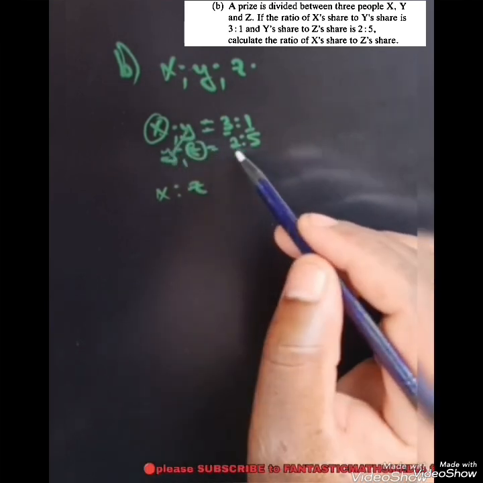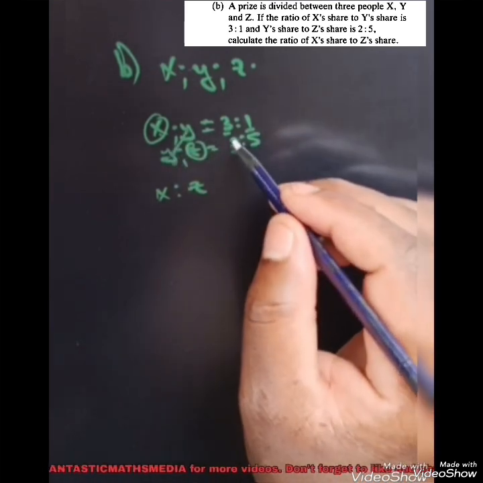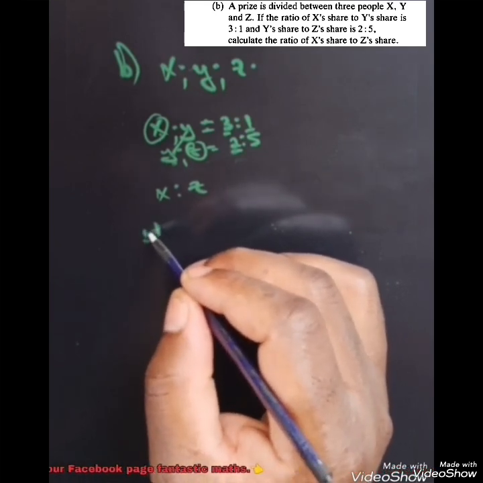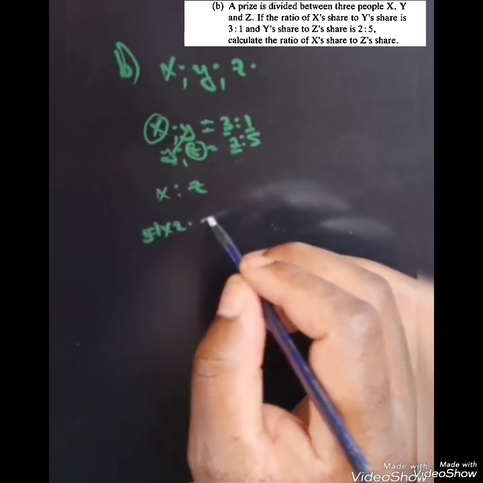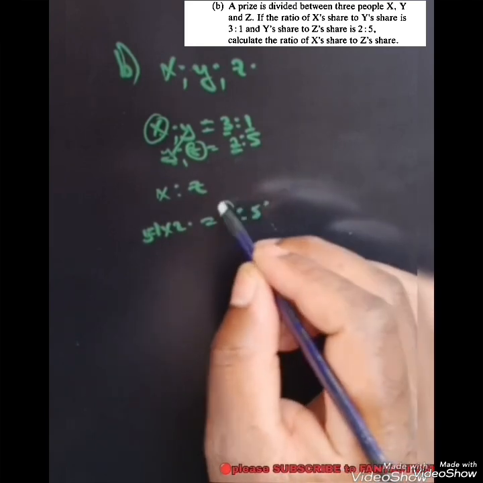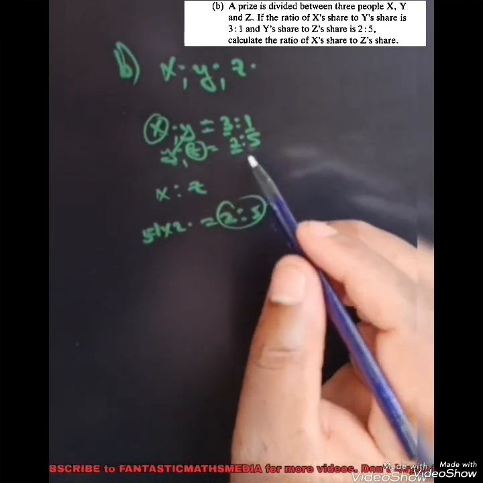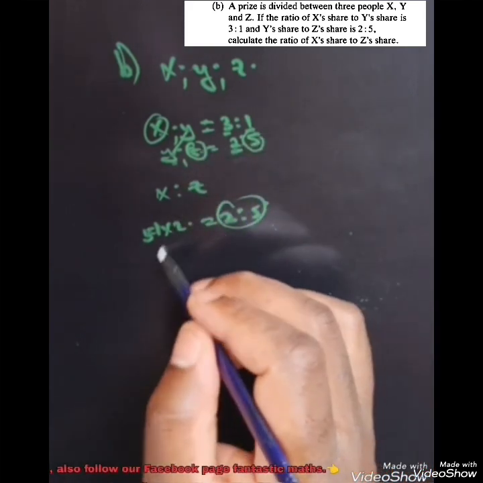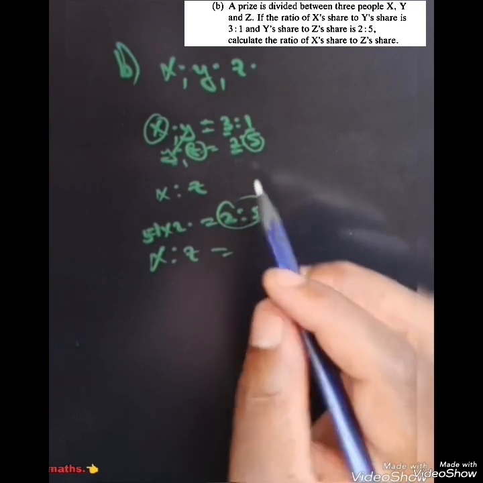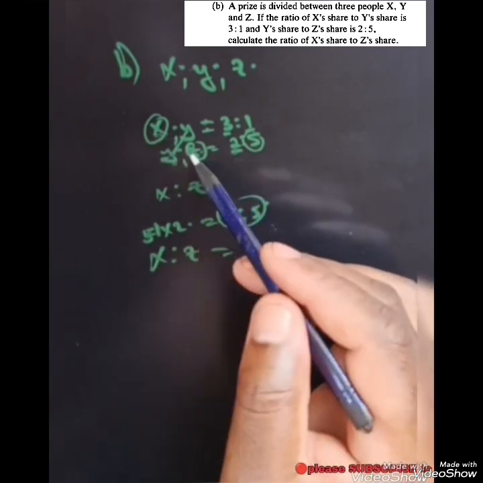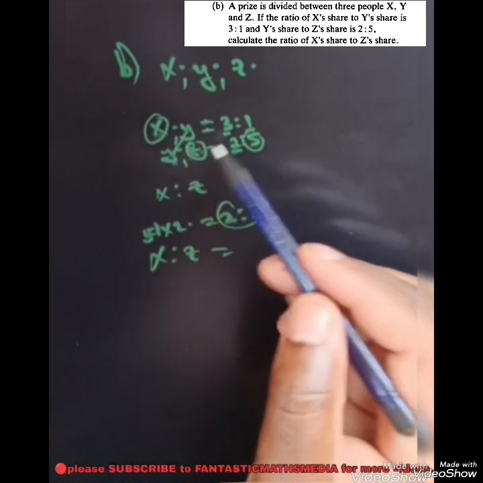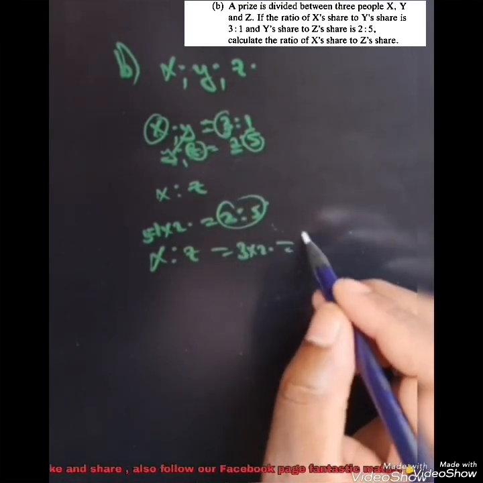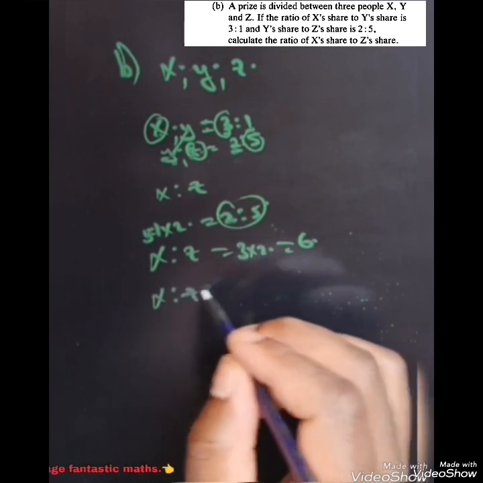In the first ratio, Y had a share of 1, then in Y to Z, Y was doubled. So we also need to double X to find the share of X to Z. We double the share of X, which is 3 times 2, so that we get X's share as 6.